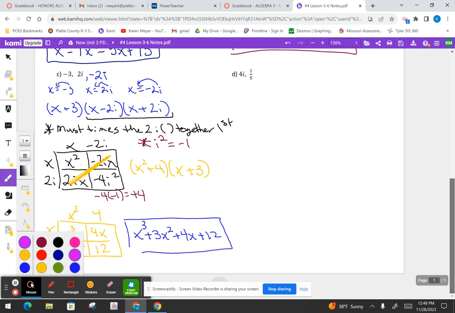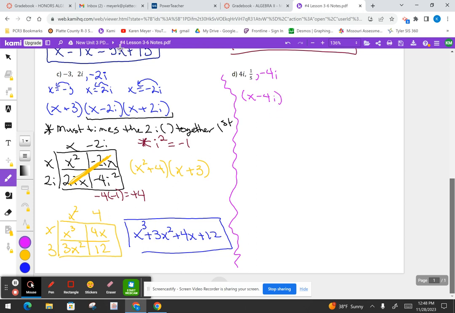Okay. Then let's go to the next one. If there's a positive 4i, then there must also be a negative 4i. And then you want to write these into parentheses. Okay. So one of the parentheses is going to be x minus 4i.